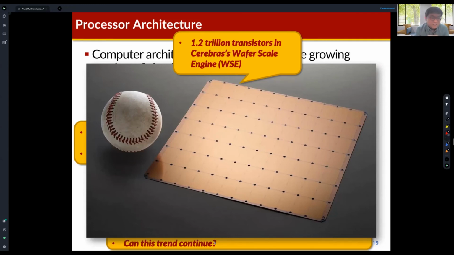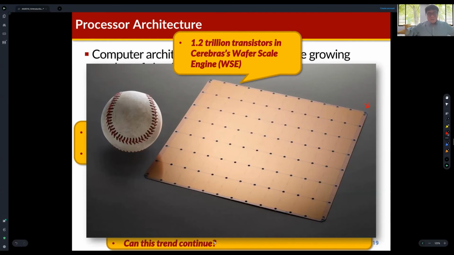It's the largest chip in the world. It's Cerebras. This chip is actually a wafer scale chip. So there are 1.2 trillion transistors in this single chip, as you can see.